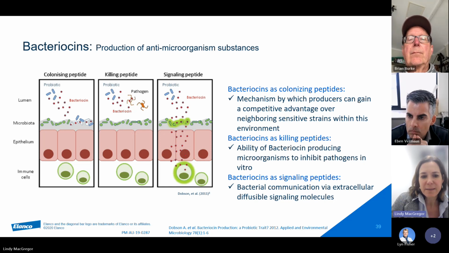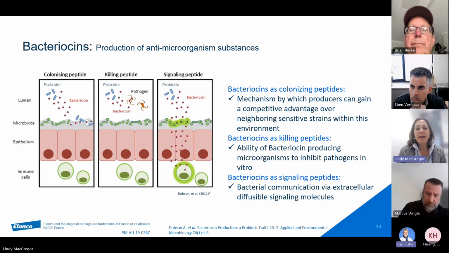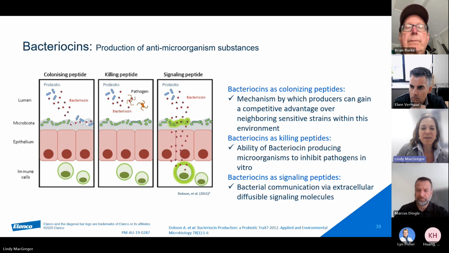The third way is that bacteriocins can signal to the host immune system to activate it, which then has an effect on pathogens in the gut. So we are obviously very interested in what bacteriocins each of the probiotic strains are producing.